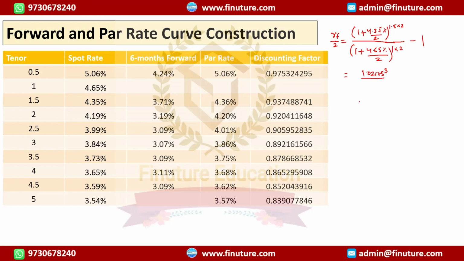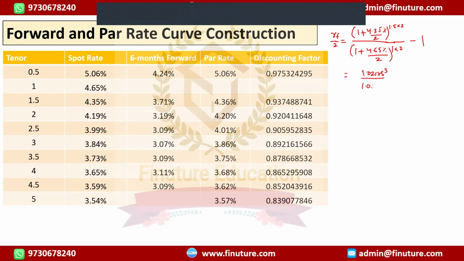Let me do power 3 and store it in 1. Likewise, 4.65 divided by 2 percentage plus 1. It's like 1.02325 squared minus 1. Let me just do the square of this and store it in 2.